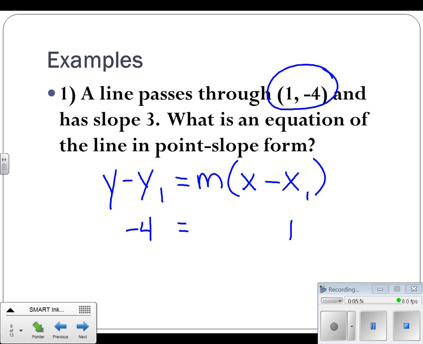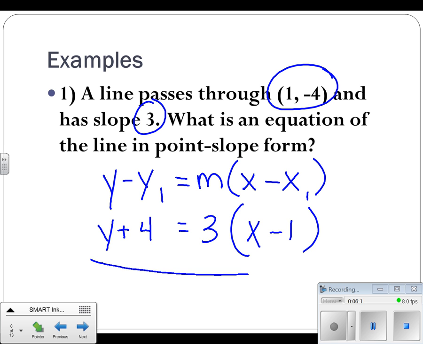So this would end up being y minus -4, which we know ends up being plus 4, equals, with a slope of 3, times x minus 1. So y plus 4 equals 3 times, in parentheses, x minus 1 is our linear equation in point slope form.